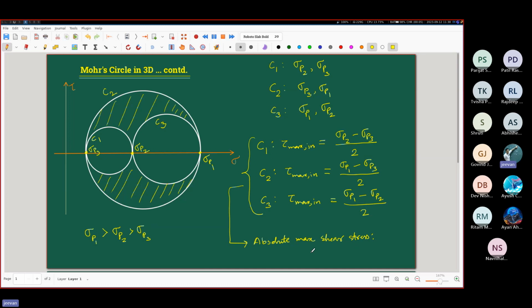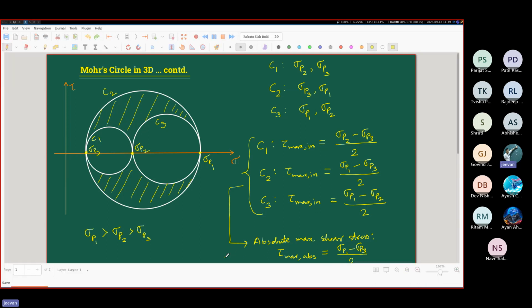Compare all these three and tell me: tau max absolute. That of C2. Yes. Because sigma P1 is greater than sigma P2 is greater than sigma P3, the difference between sigma P1 and sigma P3 is the maximum, which is why it contributes the highest overall value of the shear stress. So this will be sigma P1 minus sigma P3 by 2.